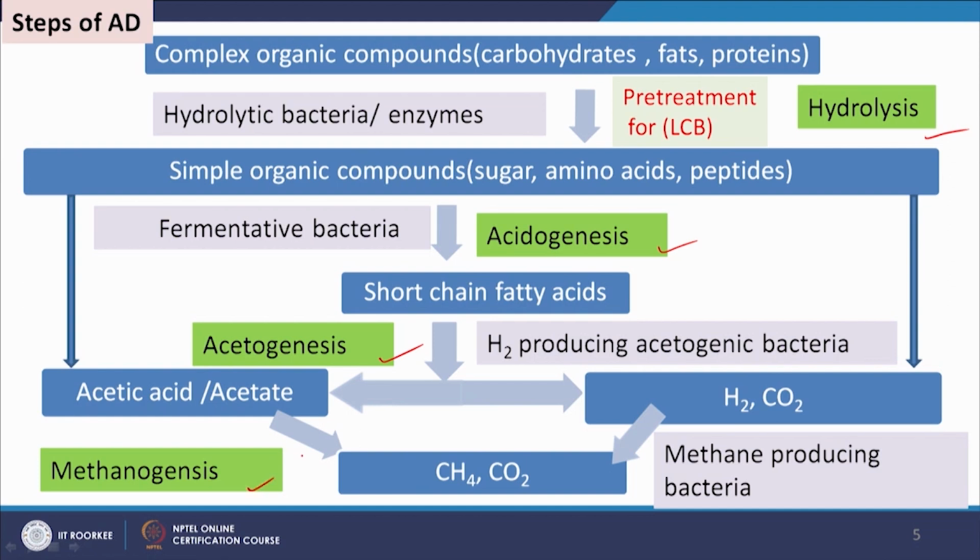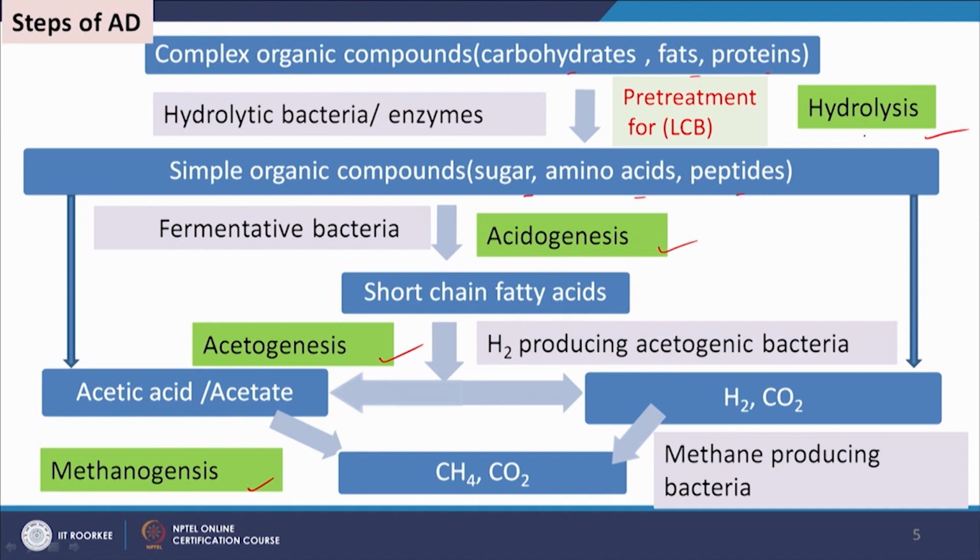That is also applicable for sludge management through anaerobic digestion, and in the previous class we also discussed that thermal hydrolysis followed by anaerobic digestion gives us more biogas production. So, this hydrolysis is necessary to degrade the complex organic compounds into simpler compounds like sugars, amino acids and peptides from carbohydrates, fats and proteins.